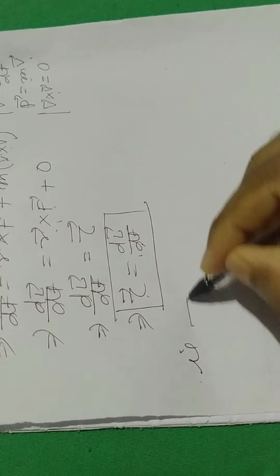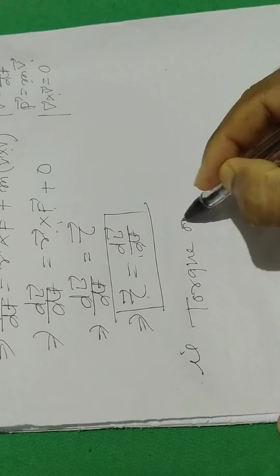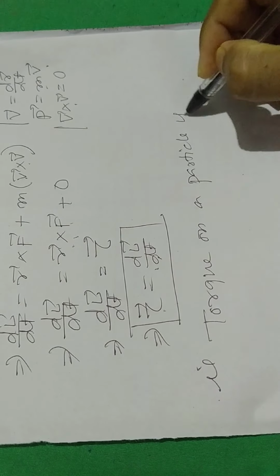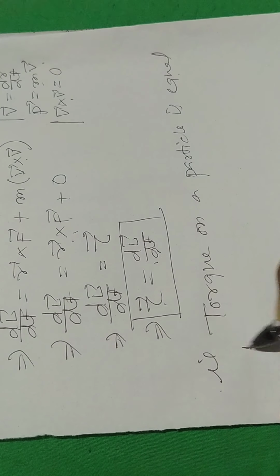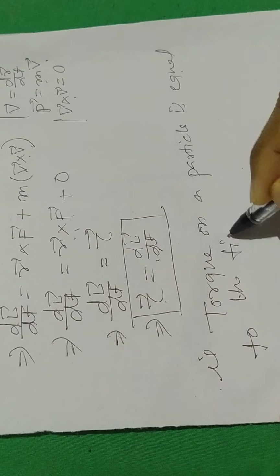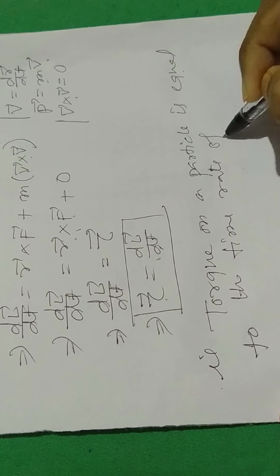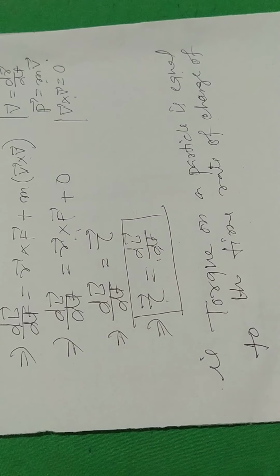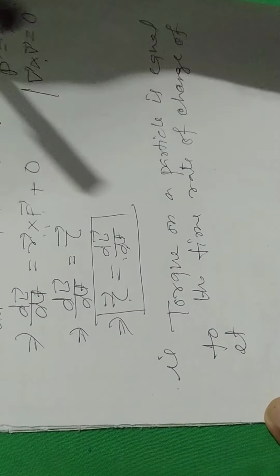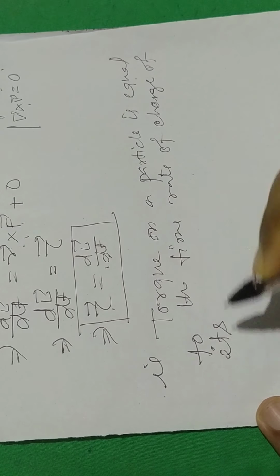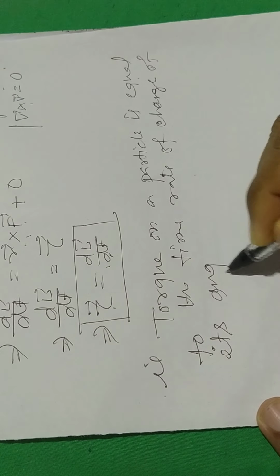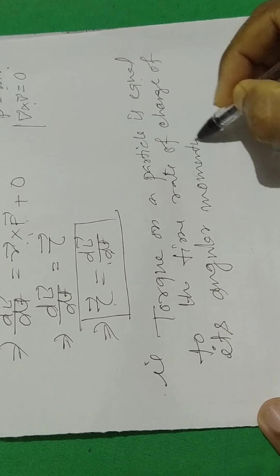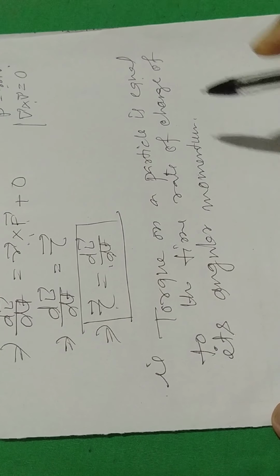That is, torque on a particle is equal to the time rate of change of its angular momentum. Thank you.